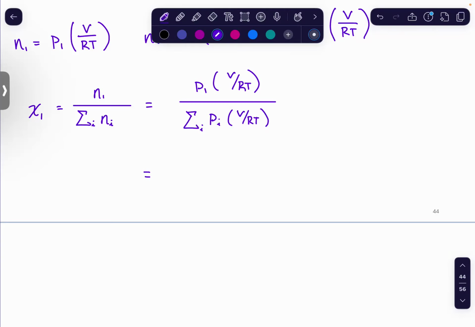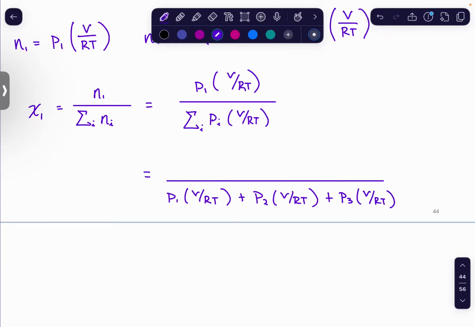All right, so on the bottom, we're going to have P1 V over RT plus P2 V over RT plus P3 V over RT. And then, of course, you could continue this on to however many you have.